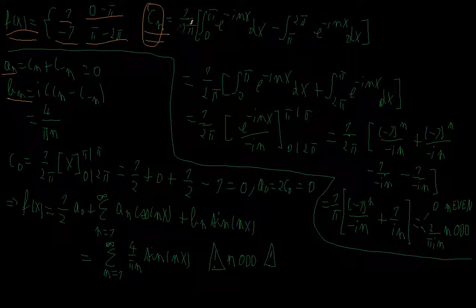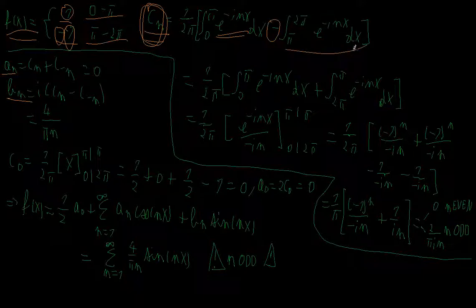So as usual I have 1 over 2 pi times the integral from 0 to pi of 1 times e to the negative i n x. Okay, that is my complex exponential because I have here the complex Fourier coefficients, minus, because there's a minus here, the integral from pi to 2 pi of this minus 1, the minus we took here, times e to the minus i n x dx.